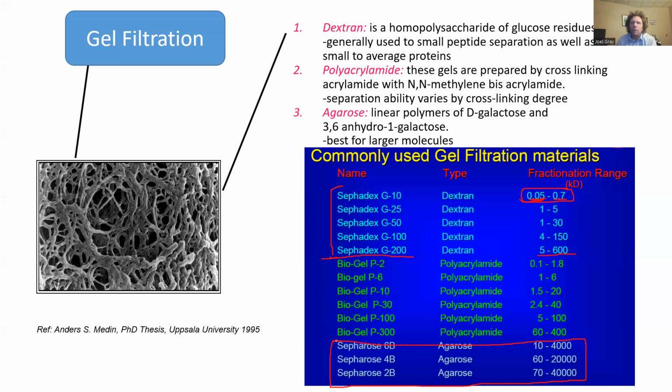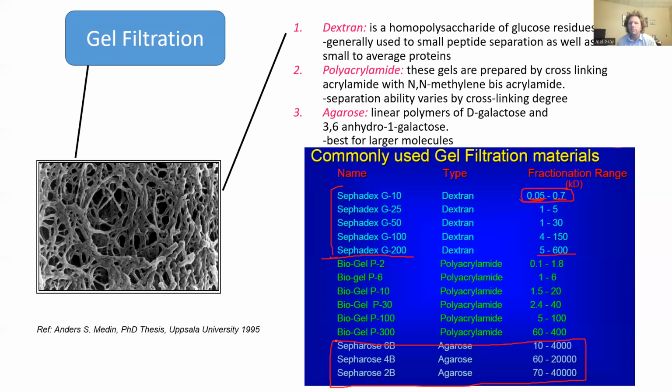And so if it's 10 kilodaltons, you're talking about a polypeptide that's about 100 amino acids, all the way up to 40,000 kilodaltons, which would be, oh boy, math escapes me, 4,000? Yeah, 4,000 amino acids. I think that's right.